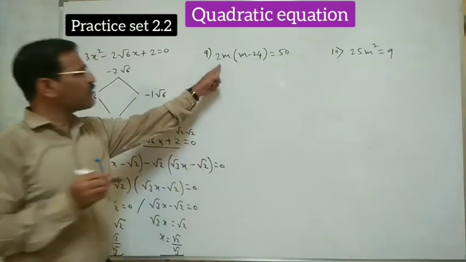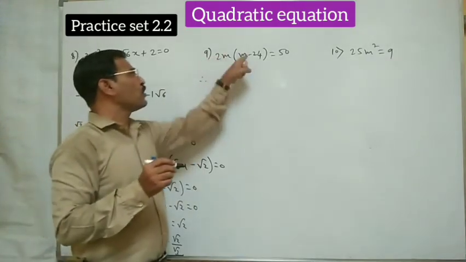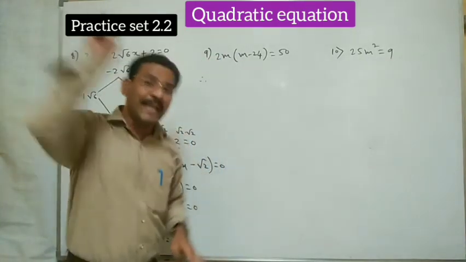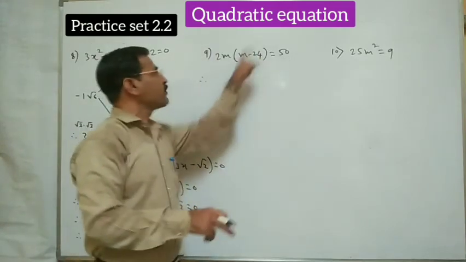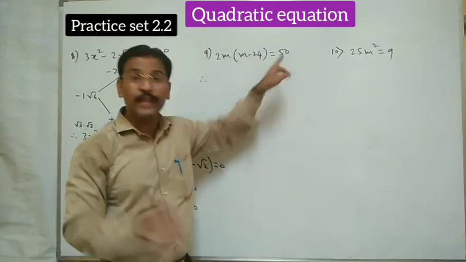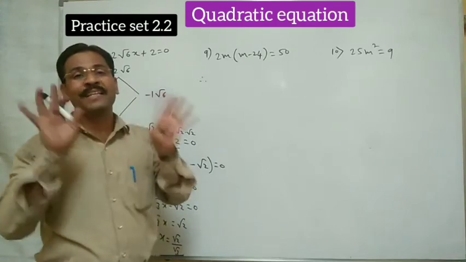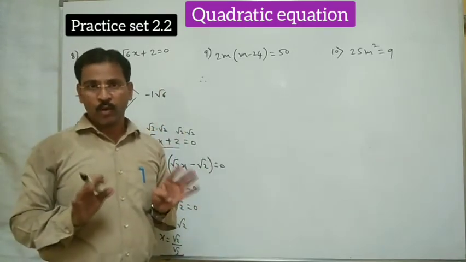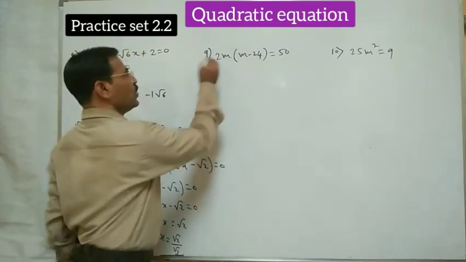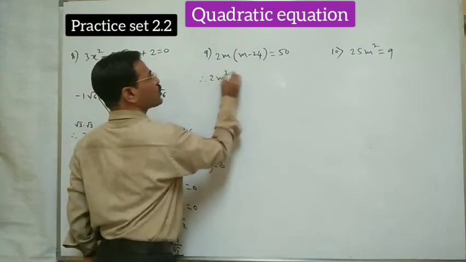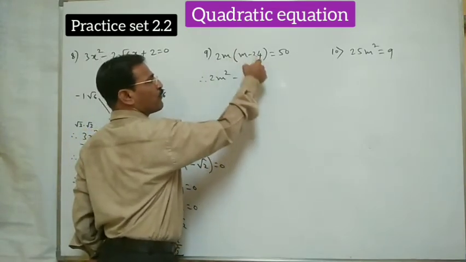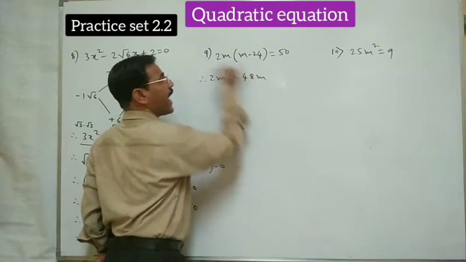Look, whenever like this, the product of two terms is 0, at that time only each factor equals 0. But here it is 50, not 0. Don't make that kind of stupid mistake. Okay? First multiply here: 2m into m, 2m² minus 2m into 24, 48m.